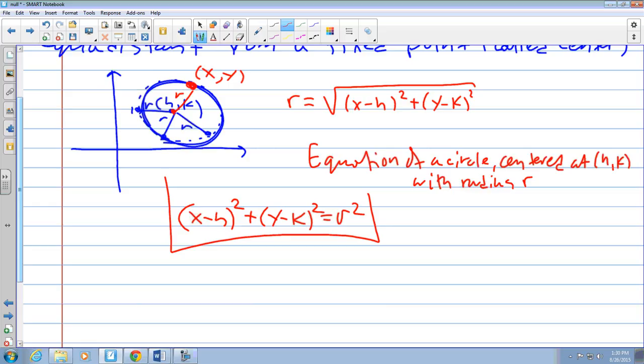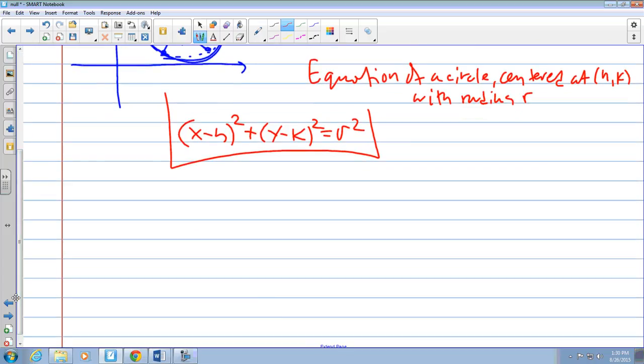So now we're going to play with that a little bit. I'm going to write down an equation, and you're going to say whether it is a circle, first of all, and if yes, tell me the center and the radius. Does it sound fair? Okay. So here's the game. Is this a circle? So I'm going to write an equation.